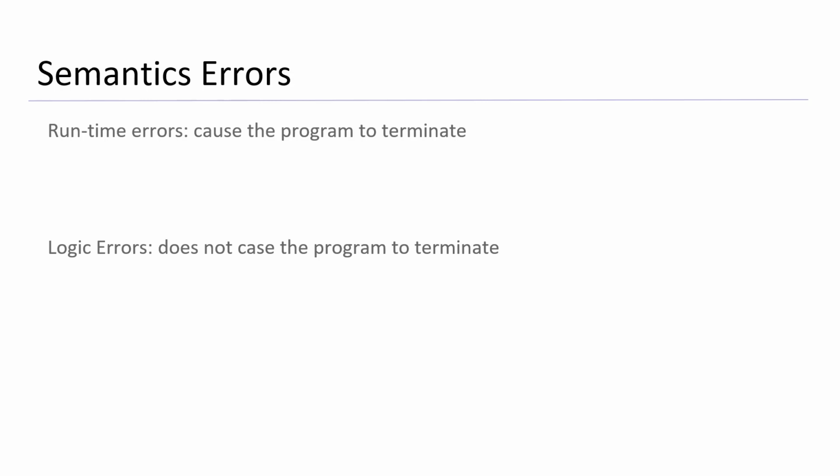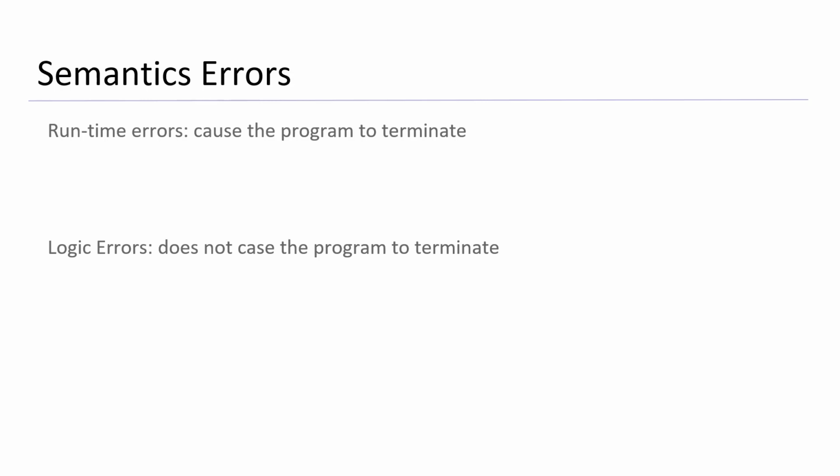There are runtime errors and there are logic errors. The difference between them is that a runtime error will cause your program to terminate, whereas a logic error may not necessarily cause the program to terminate, but it will cause wrong results in the output.